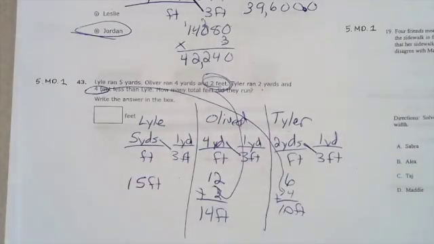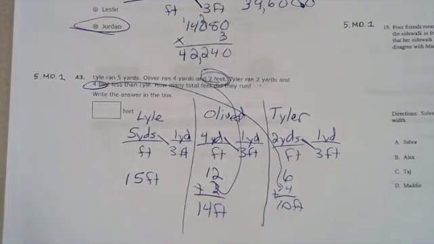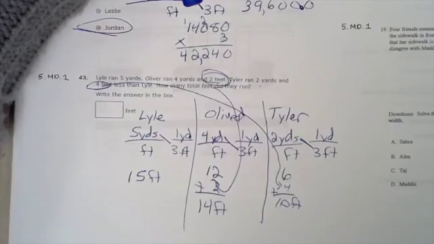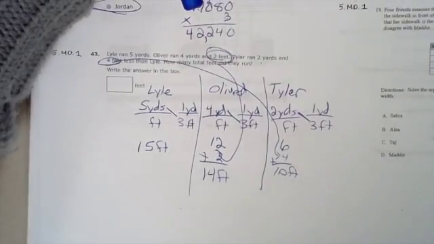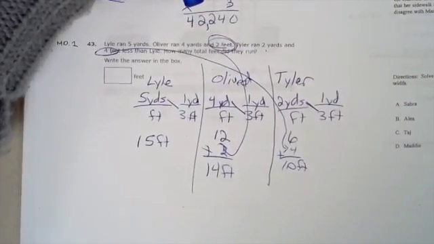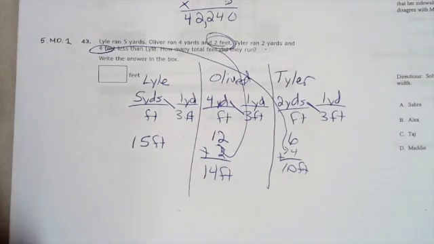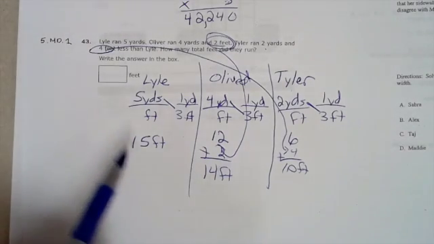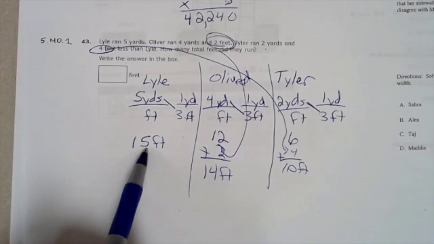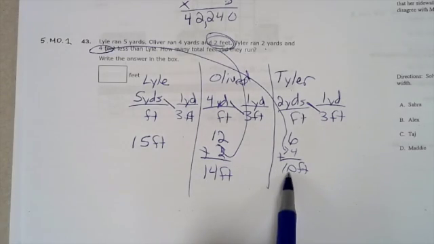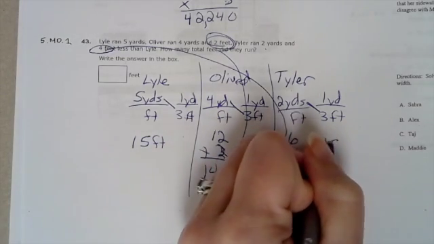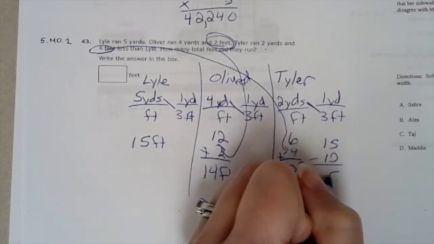It did not say that Tyler ran 2 yards and 4 feet. It said he ran 2 yards and 4 feet less than Lyle. So I have to take Lyle's feet, 15, and Tyler's feet, 10, and subtract them. 15 minus 10 is 5 feet.